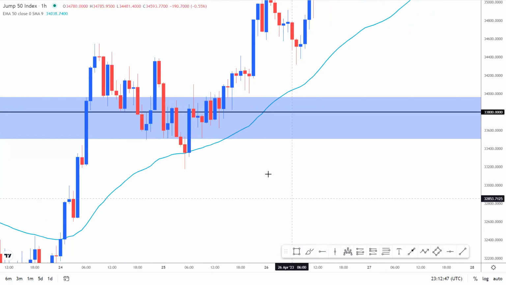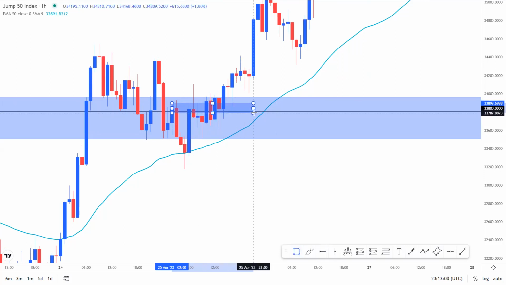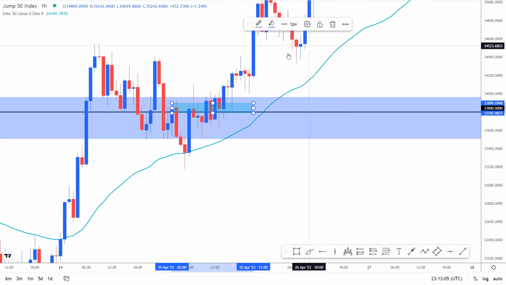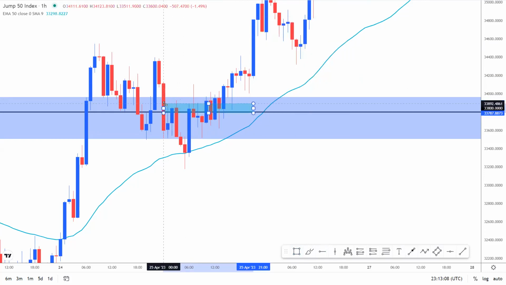And this level right here was the previous lower high that led to this lower low. So I was very much looking for price to come and break above this level from the 1 hourly time frame, giving us that shift in structure.